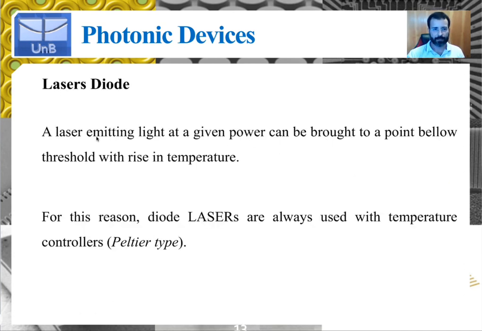So a laser emitting light at a given power could even be brought to a point below threshold with a rise in temperature, just emphasizing that the temperature dependence of these curves is very large, and therefore for this reason, especially for optical communication applications, laser diodes are always fabricated together with Peltier type temperature controllers.